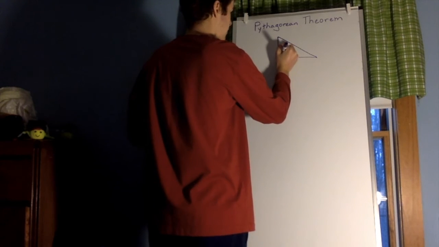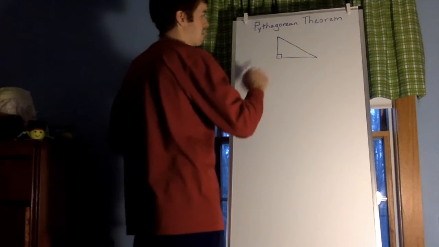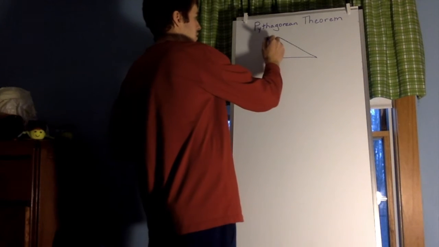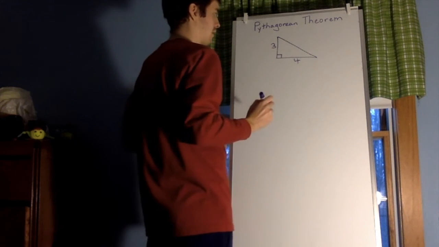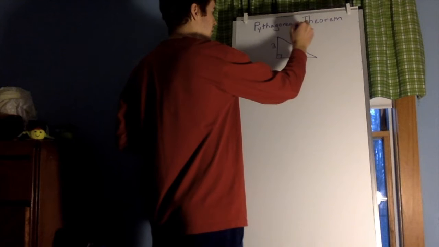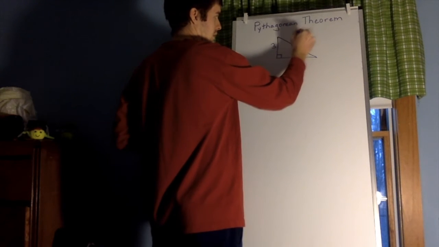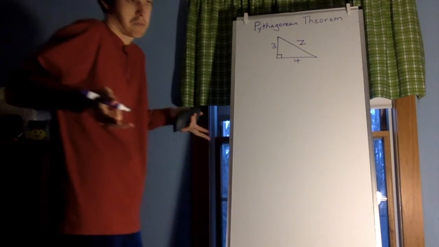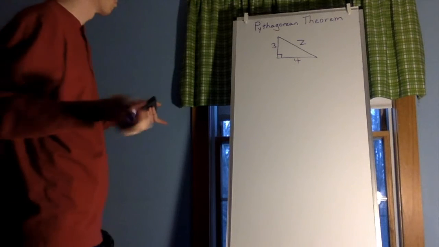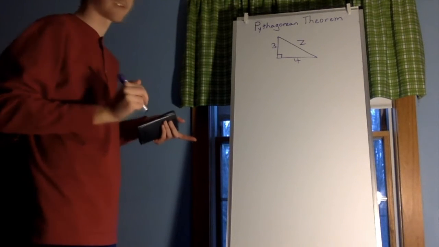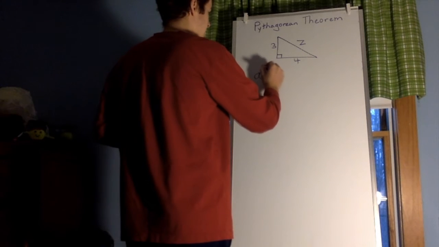So if you try to do this with another type of triangle, it's not going to work. Let's say I know this side is length 3, this is a length of 4, and I don't know this one. Let's call it Z. Since I'm using a right triangle here, I'm going to need to utilize my Pythagorean theorem.